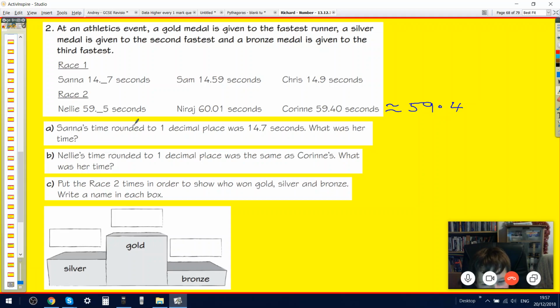Wait, 59 point. So what number would go in the box so that after you round it, it becomes 59.4? Hmm, 59 point.